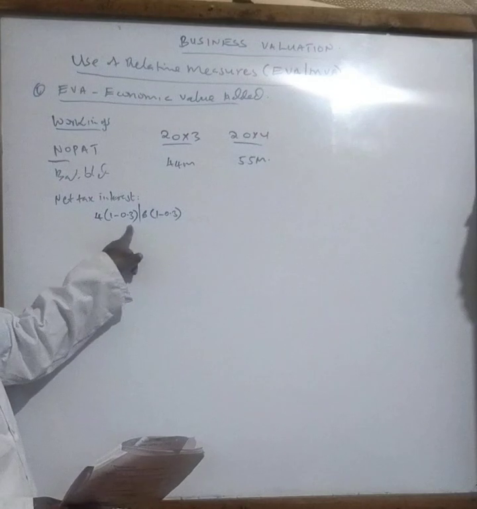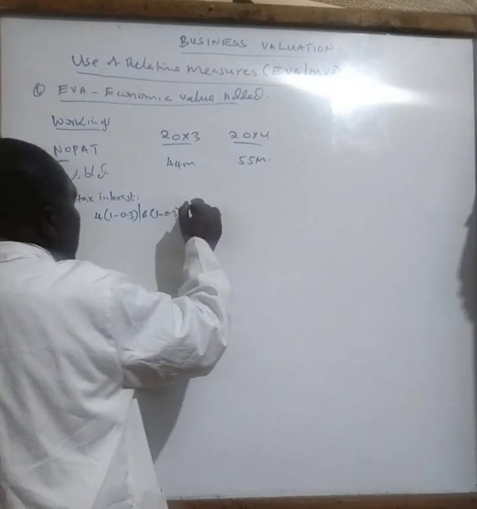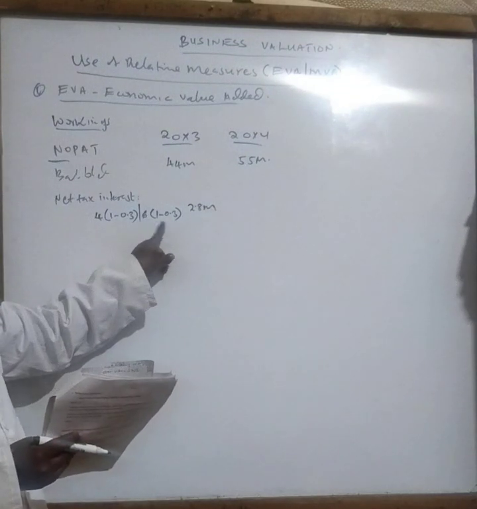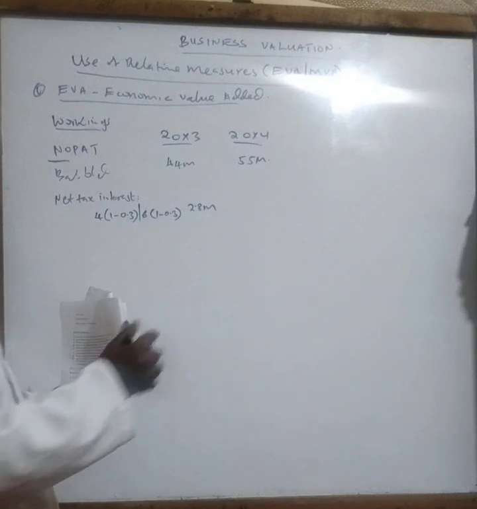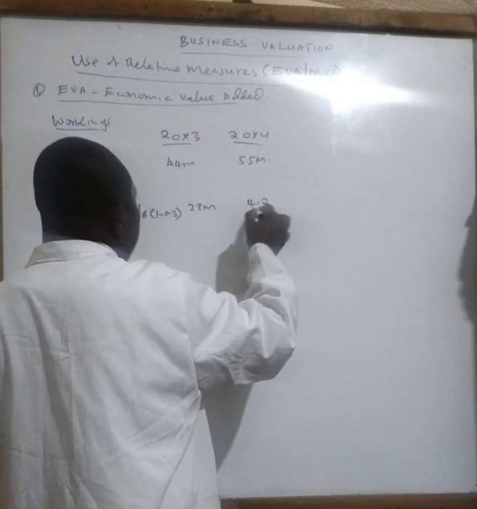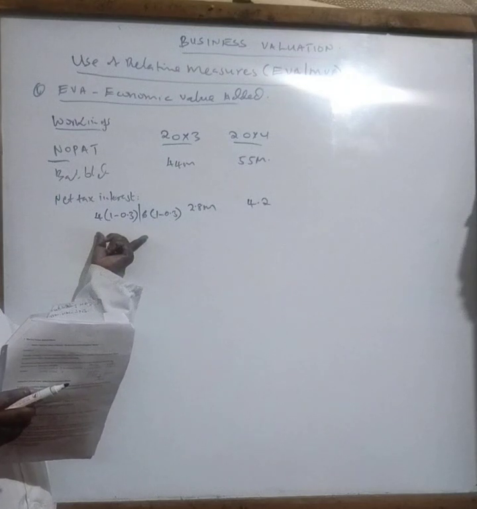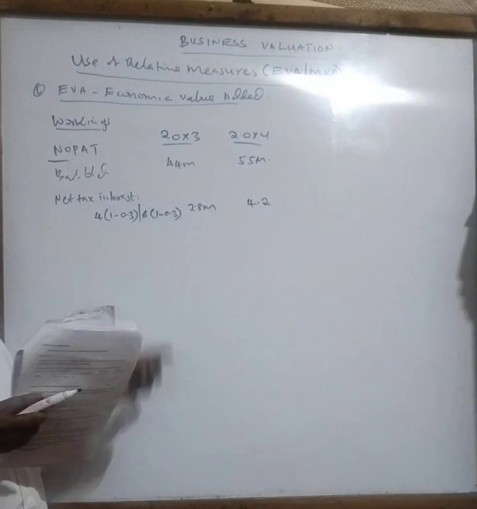So 0.7 times 4 gives 2.8 million, and 0.7 times 6 gives 4.2 million. So we are adding back. This tax advantage was not captured, because they only deducted the expenses directly.